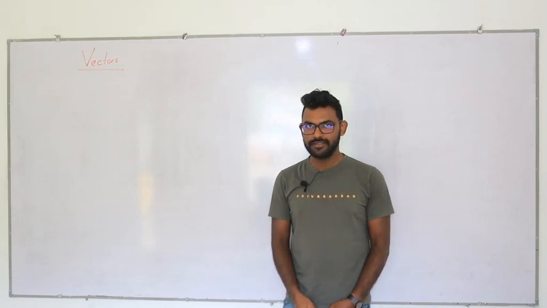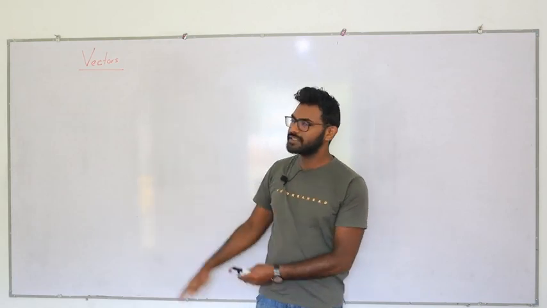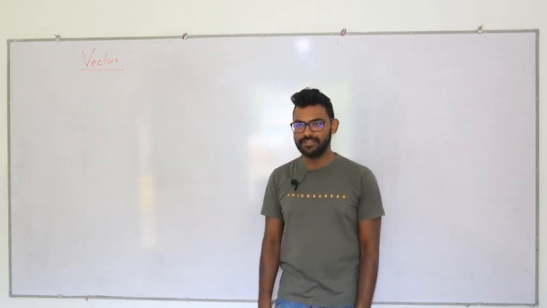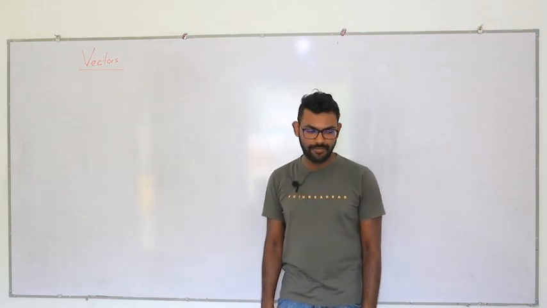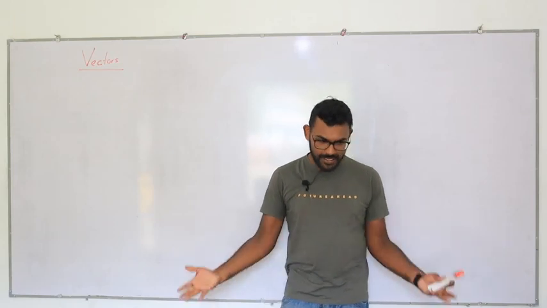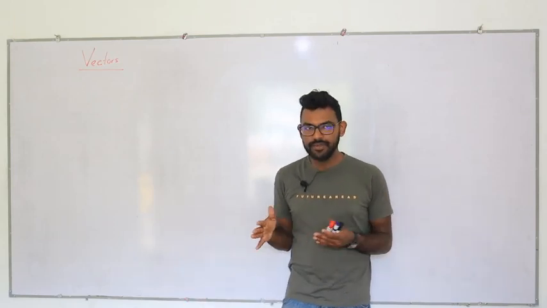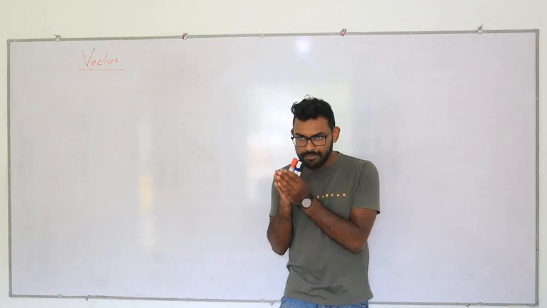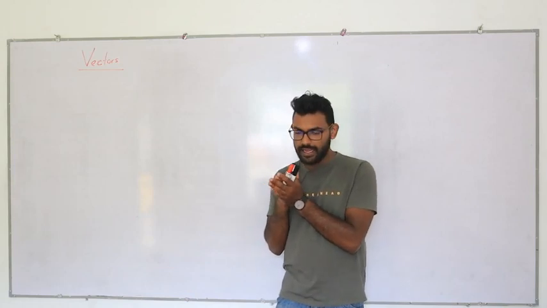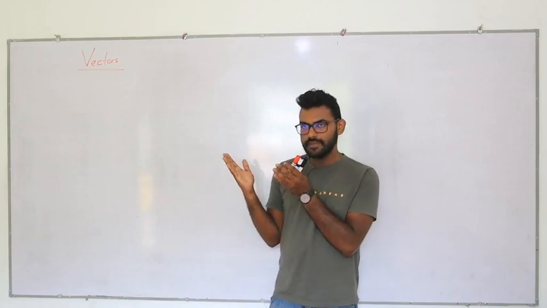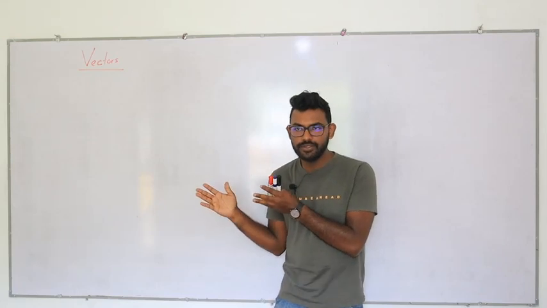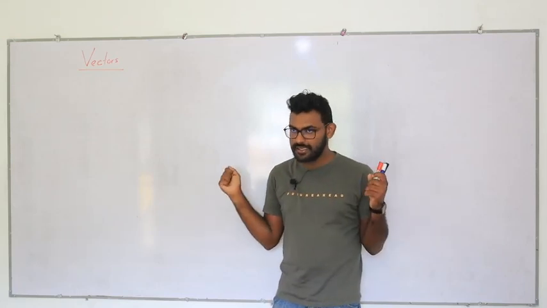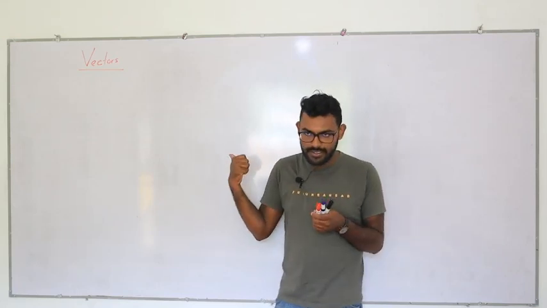Vectors. There's a similar term that comes with this, scalars and vectors. Okay. So scalars are measurements where we take only the magnitude, and a vector has a magnitude and also a direction, right? That's simply what a vector and a scalar stand for.